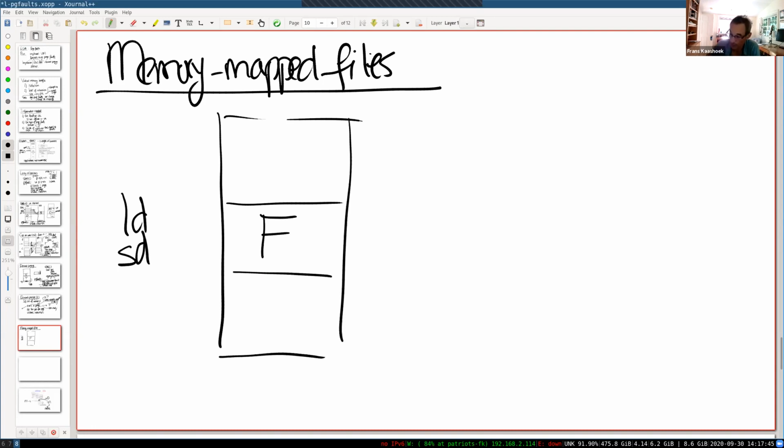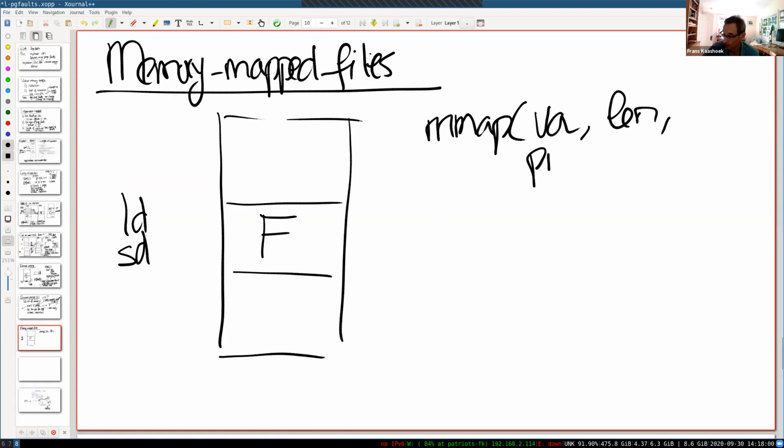To support that, most modern operating systems provide a system call called mmap. Basically mmap takes a virtual address or picks a virtual address, a length, protection, some flags, which I'm not going to talk about, a file descriptor of an open file, and an offset.